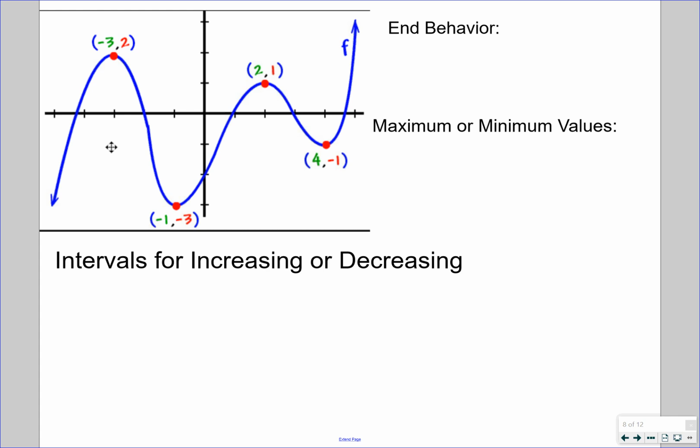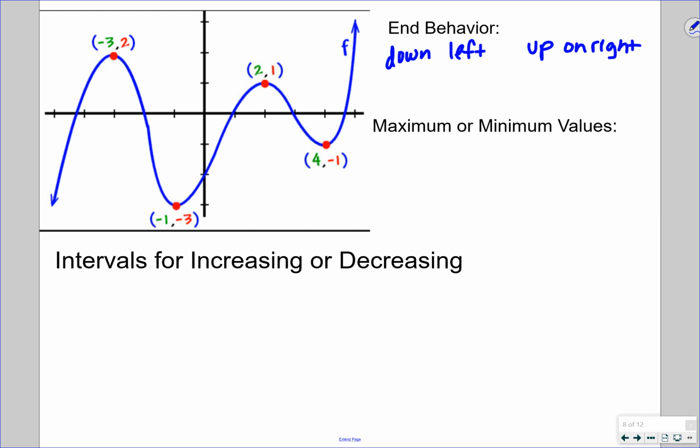So looking at this, we're going to be able to determine all of these things from it. I'm going to be able to tell you what's happening on the ends. I'm going to be able to say the max and min values and where this function is increasing and decreasing. So my ends, first of all, they go in opposite directions. I am down on the left and pointing up on the right.